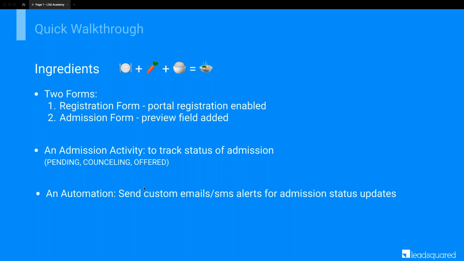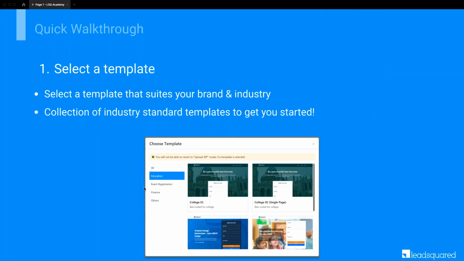Now, say we have set up these ingredients: two forms, an admission activity, and an automation. Now we can move to our actual portal designing step.